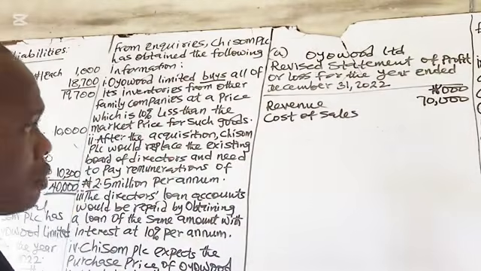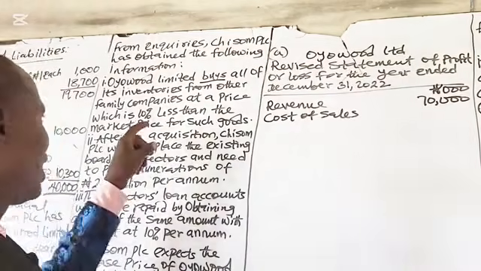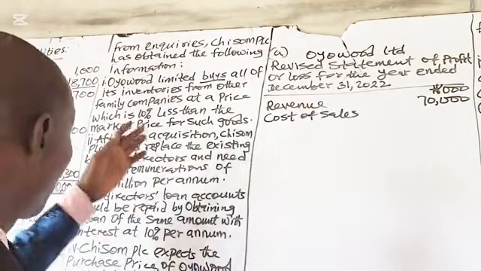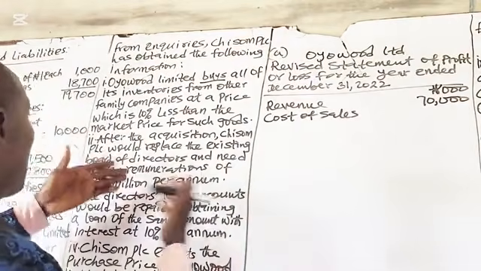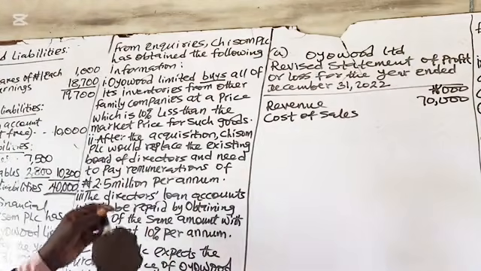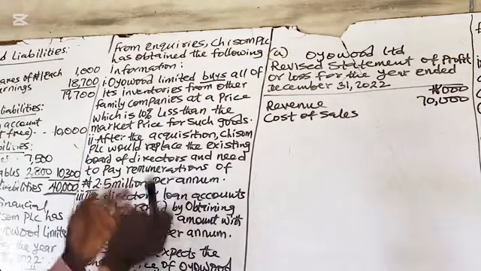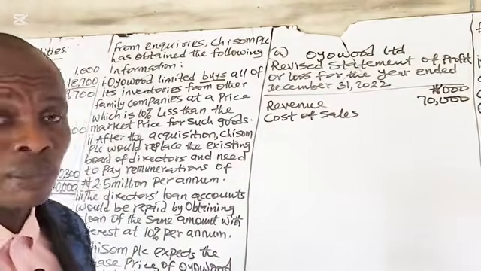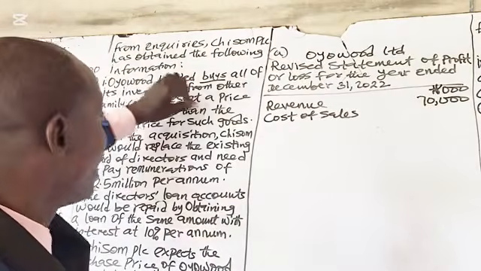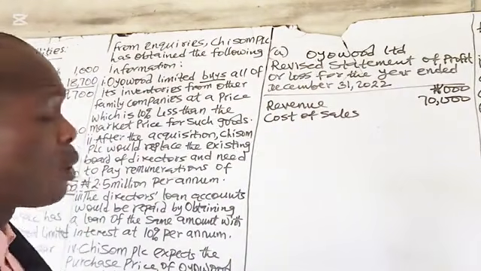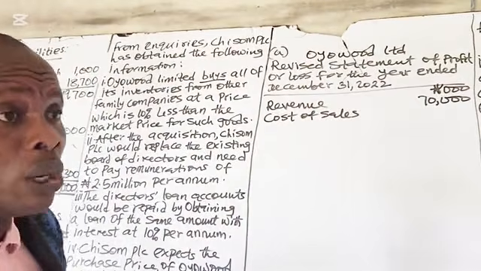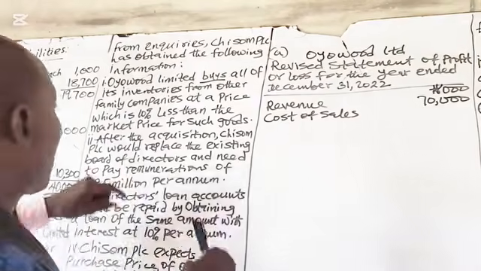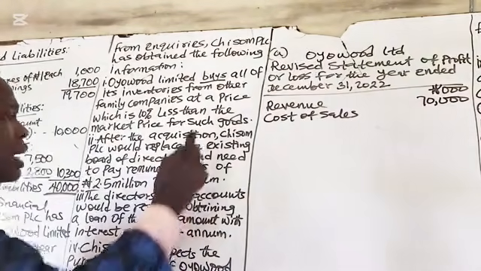Because it is a related party transaction, from family companies, they have influenced the price of the goods. So the amount reported, which is 45 million, will not be accepted. You have to adjust it to its current market price.